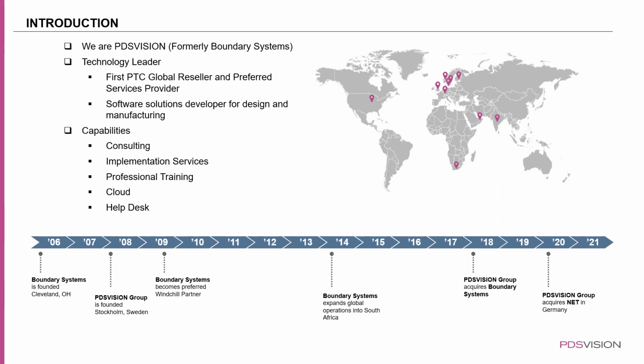In 2018, PDSVISION Group acquired Boundary Systems. Starting in 2020, PDSVISION acquired Net, which is also in Germany. Last year, 2022, we formally changed our name from Boundary Systems to PDSVISION.